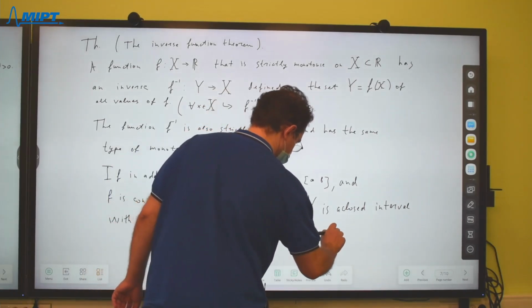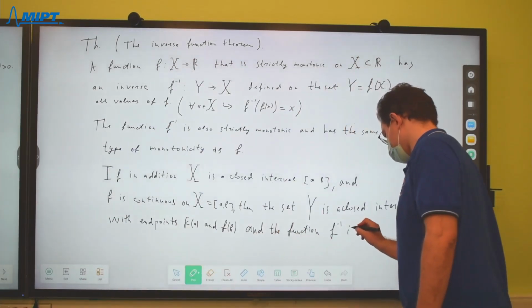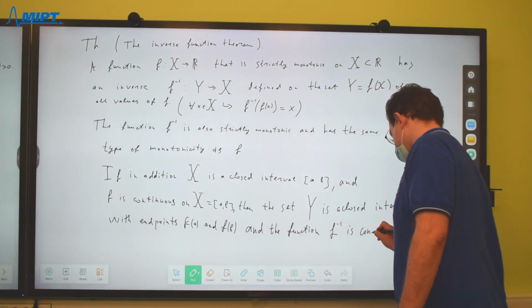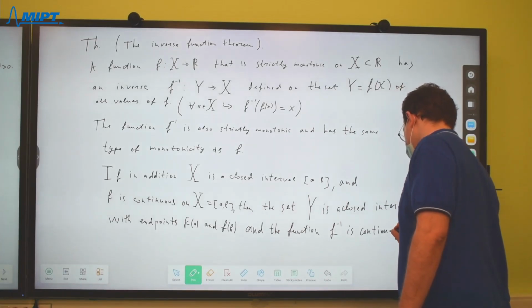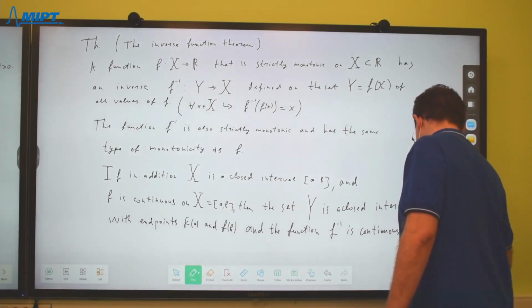And the inverse function is continuous on it.